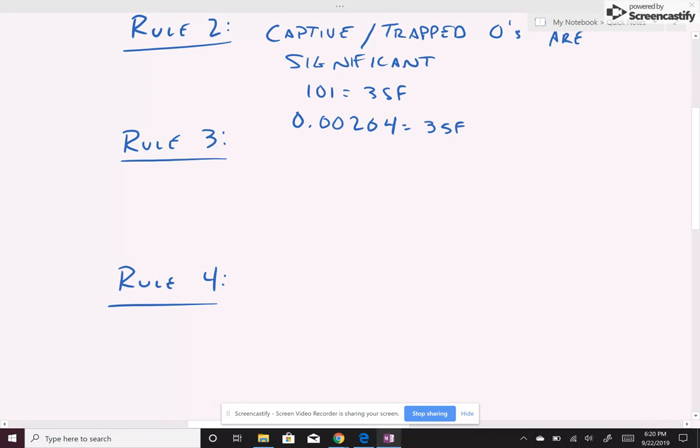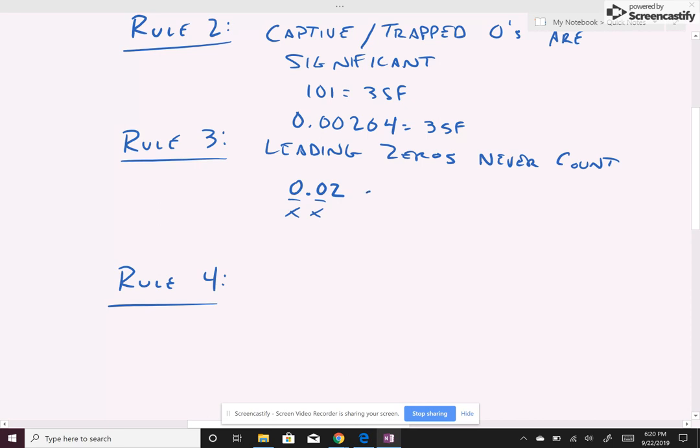Then rule number 3 is all about our leading zeros, and leading zeros never count. When we say leading zeros, what we're really saying is the numbers that start with decimal places. So anytime we have a number like 0.02, the first 2 zeros in this case are not significant.